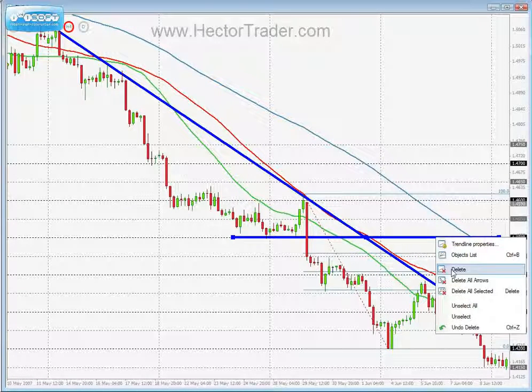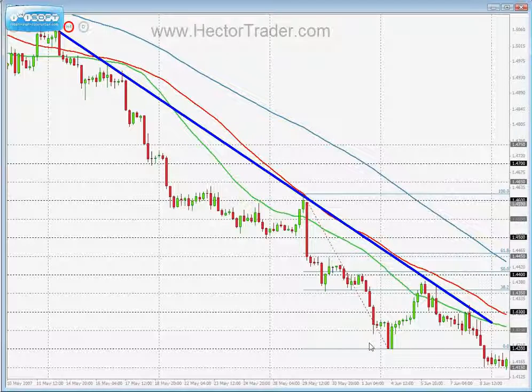I can remove this line. But now I have a counter trend line. If I link this swing low with this swing low and I prolong it, there we are. Like any other trend line, you prolong it, and it comes around that level as well.